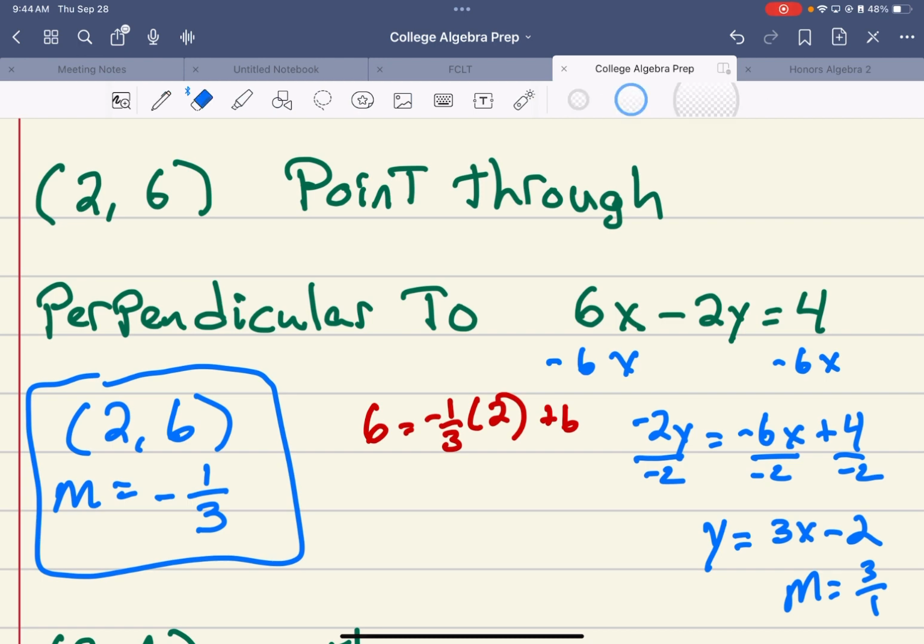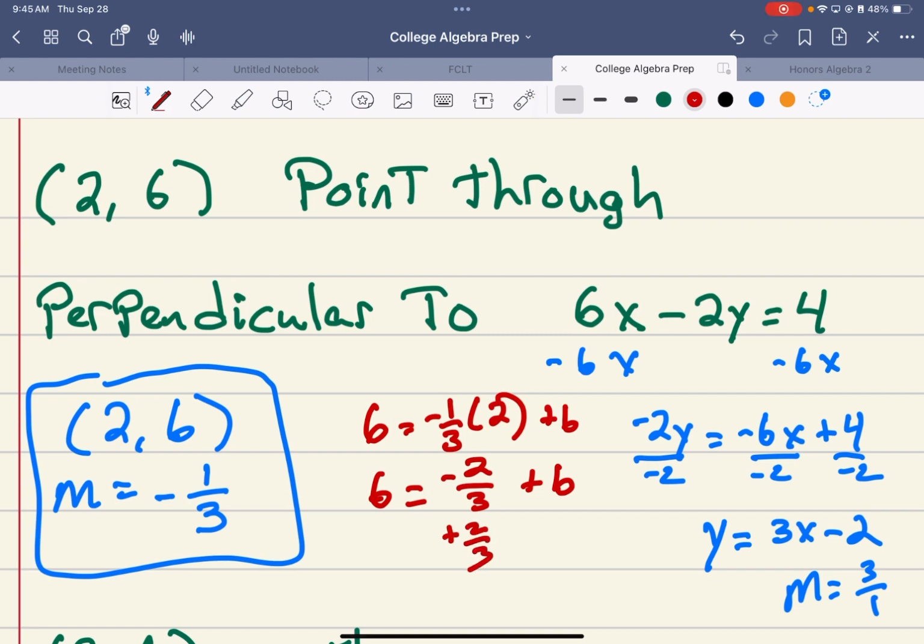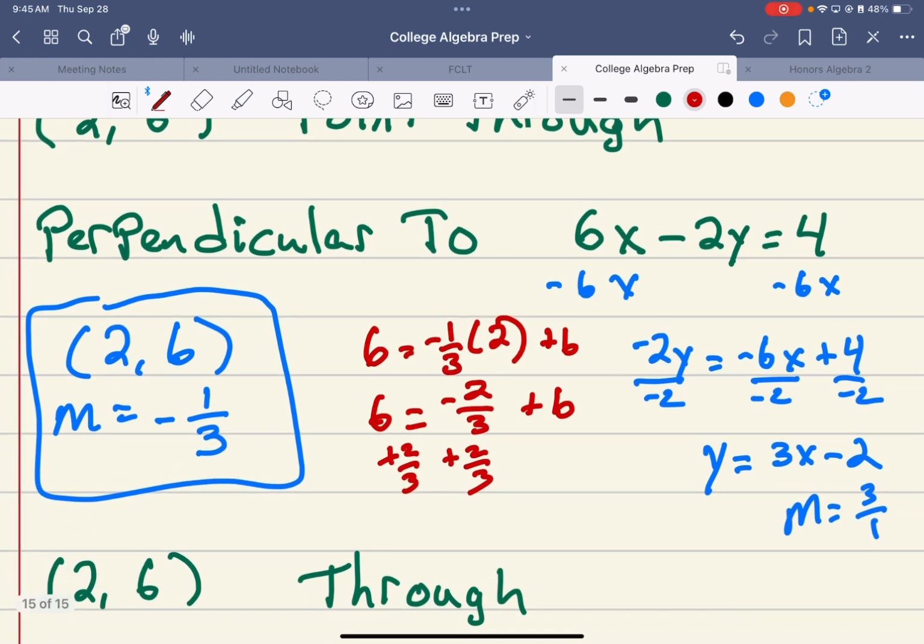Clearly that's a b. So 6 equals negative 1/3 times 2, which is negative 2/3, plus b. I have to solve for b, so I'm going to add 2/3 to both sides. And because I have a whole number, I'm just going to put my b value is 6 2/3. Nothing wrong with doing that.